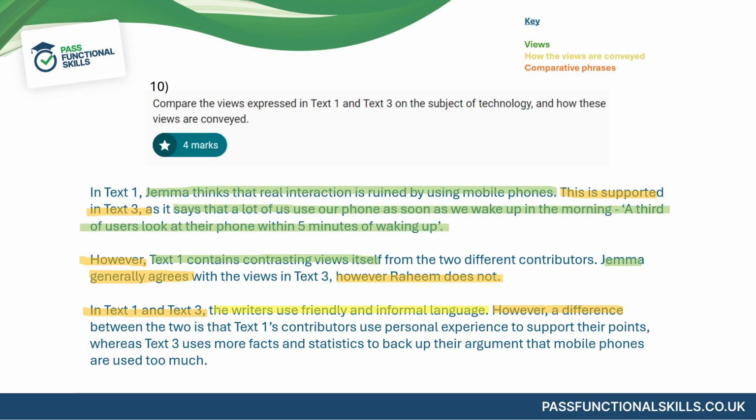However, a difference between the two, so again comparing, we're looking at similarities and differences, is that text 1's contributors use personal experience to support their points, whereas, again another comparative phrase, whereas text 3 uses more facts and statistics to back up their argument that mobile phones are used too much. So we've got a really good comparison of the methods, the way the views are conveyed there, looking at a similarity and a difference across the two texts.